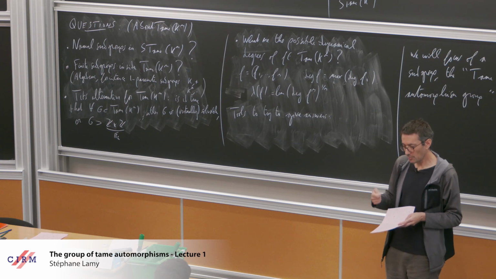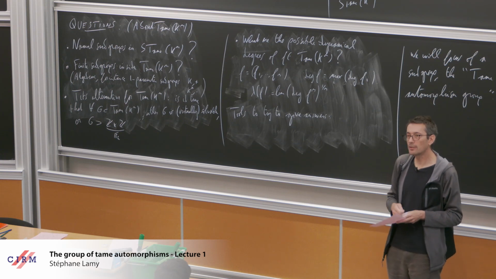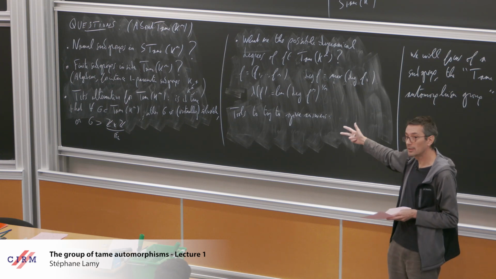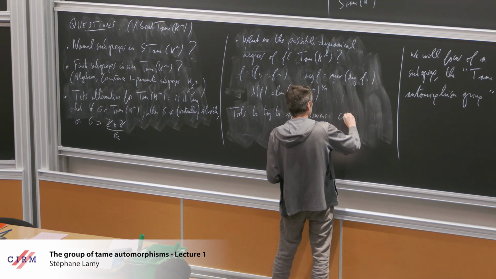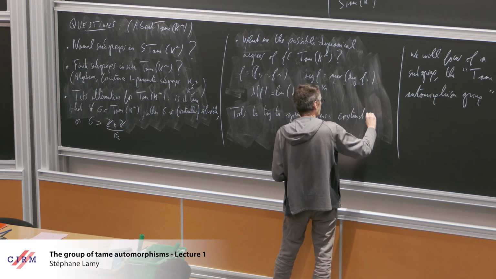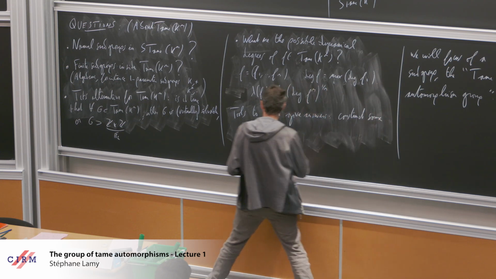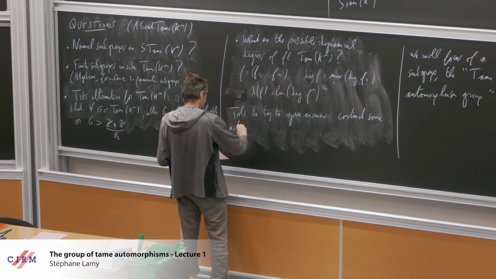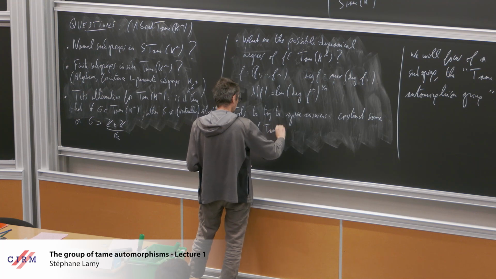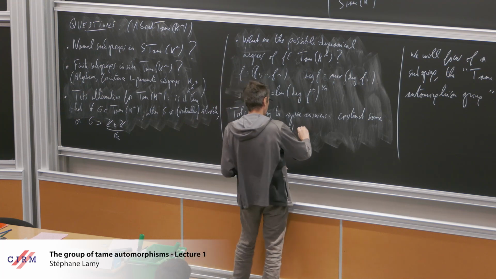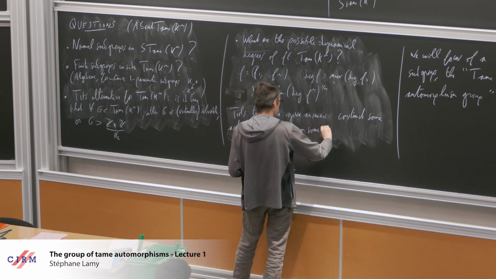And I would like a metric space with some non-positive curvature, which I don't have for the initial action. So construct some action of my group on some metric spaces.